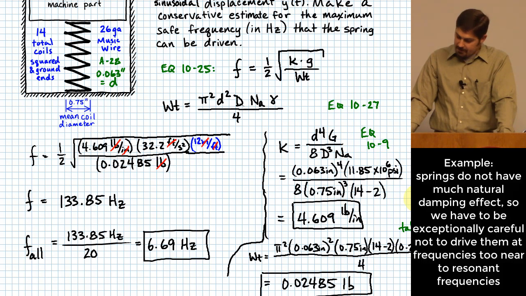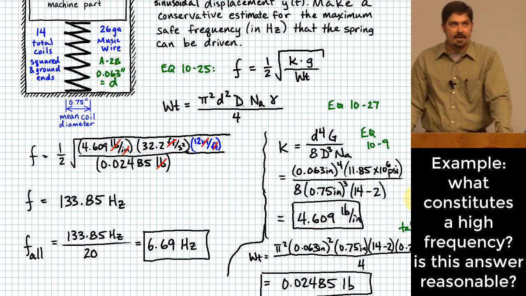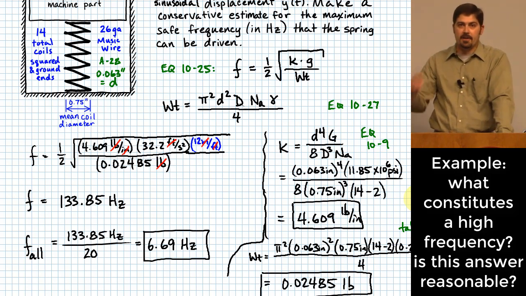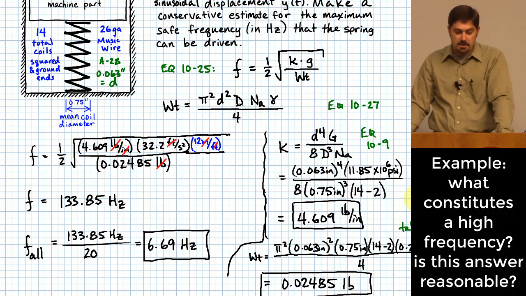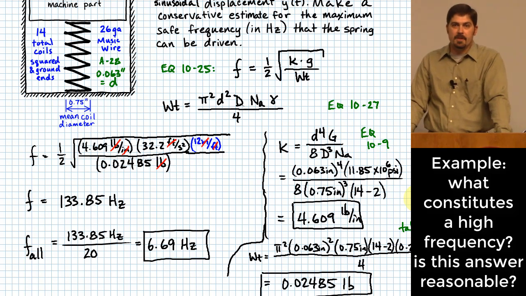Now, one thing to ask real quick is, 6.69 hertz, is that a lot? Let's just say it's 7. You're cycling a spring 7 times a second, and this is for a spring that actually has a fairly small diameter. The wire diameter is only 0.063, so that means it's not a super stiff spring, right?